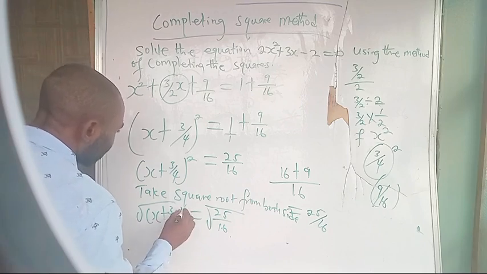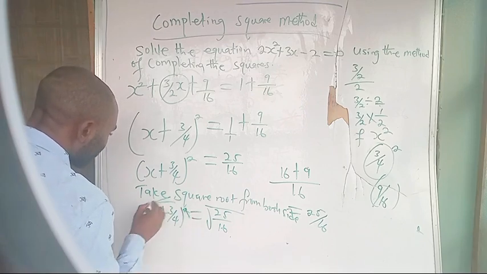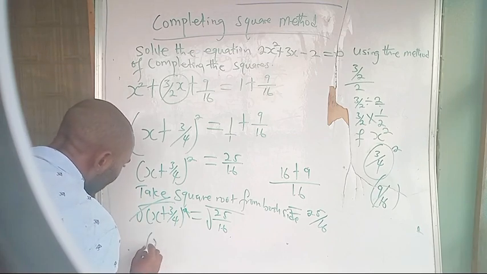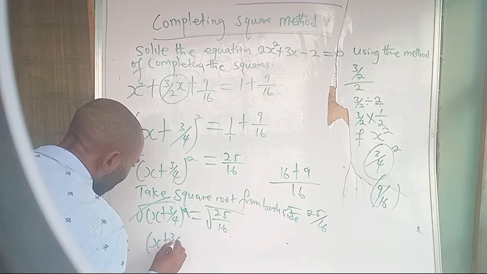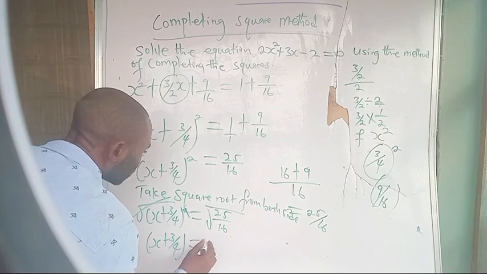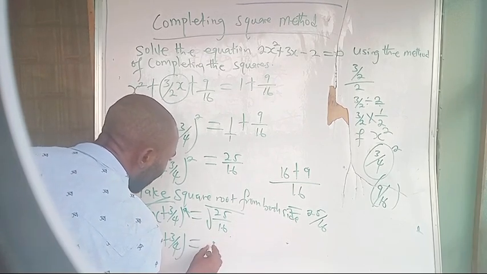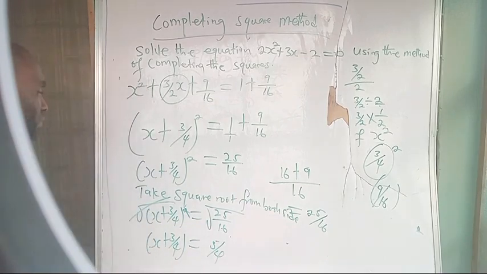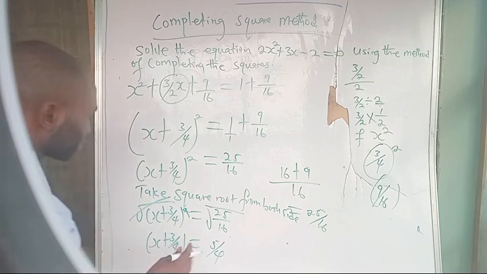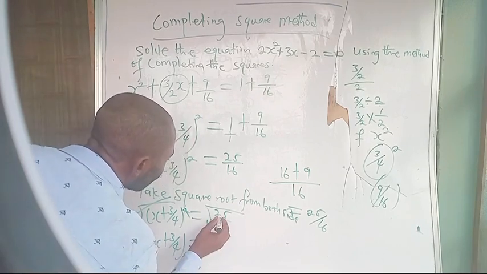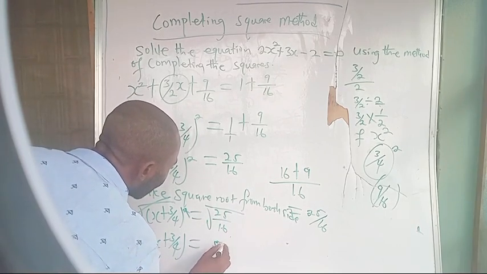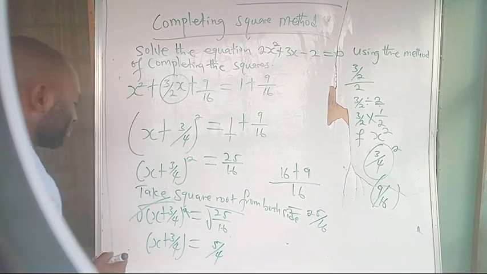The square and square root cancel, so we have x plus 3 all over 4 is equal to the square root of this, which gives us 5 all over 4, because the square root of 25 is 5 and the square root of 16 is 4.